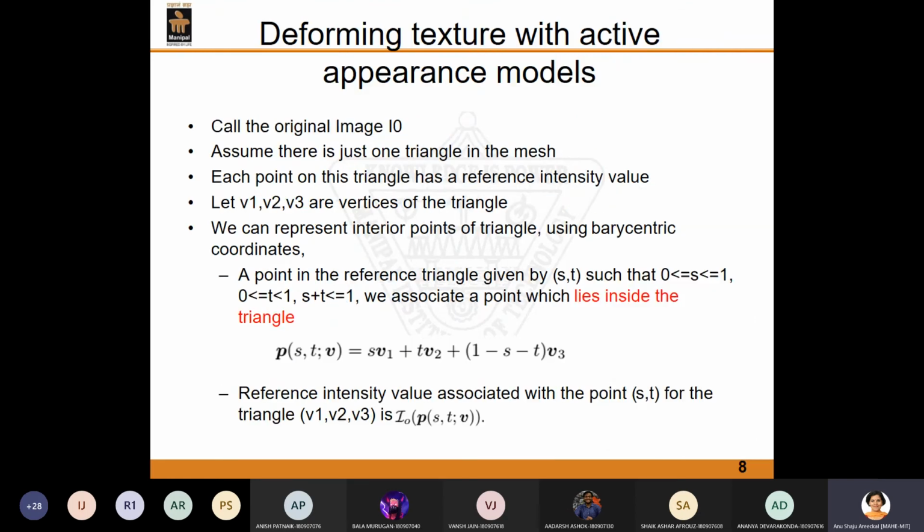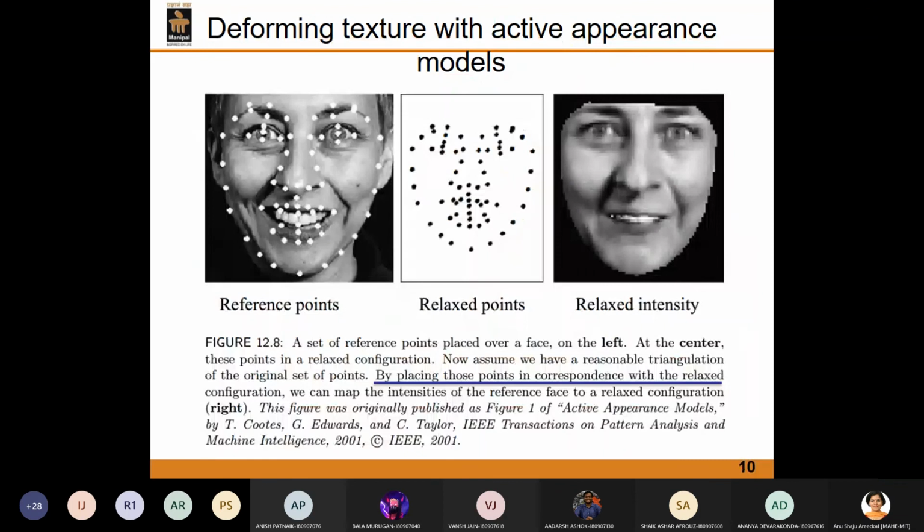For that, let me take this particular image which is shown. Let's say I have the image of a person's face, who is smiling. What I do is identify reference points over here.